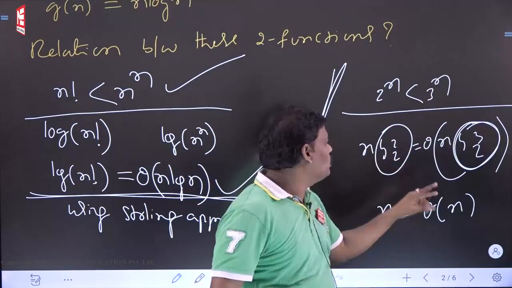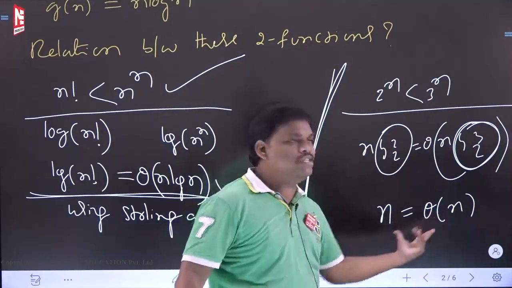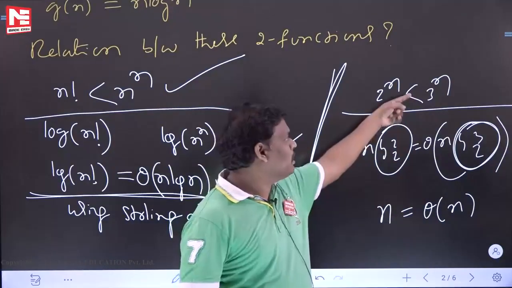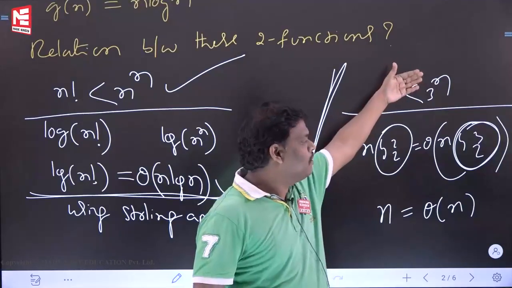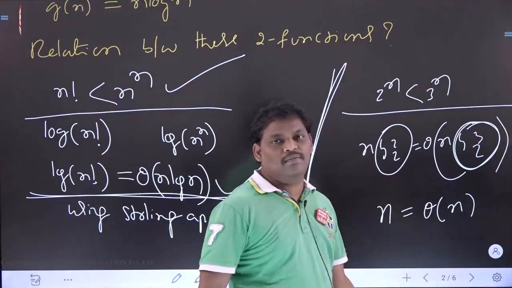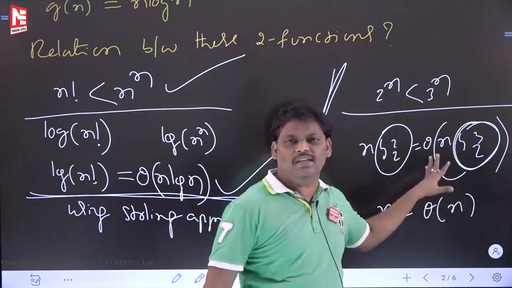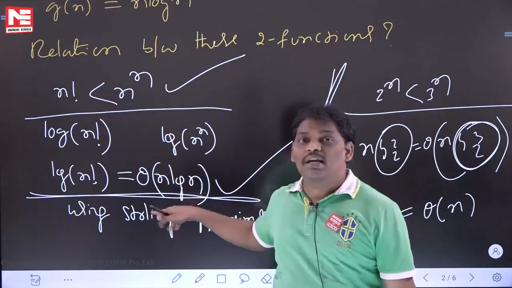If you apply log on both sides, then there is only a constant difference. Before, theta is not possible; after, theta is possible, because before it is function times bigger and afterwards it is constant times bigger. Something like that. But here the reason is Stirling approximation.